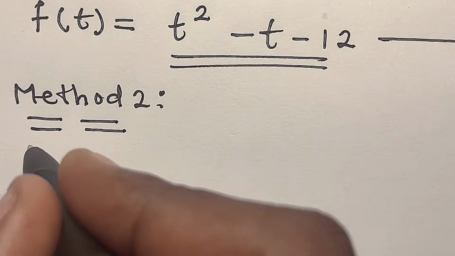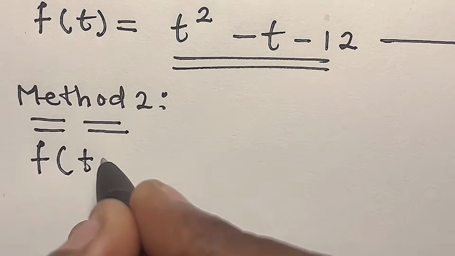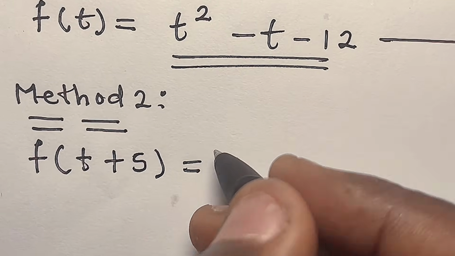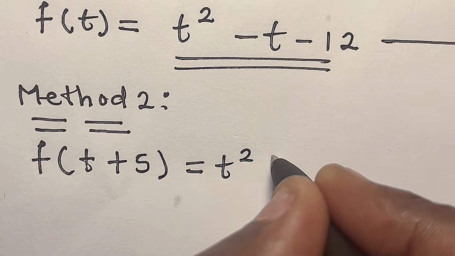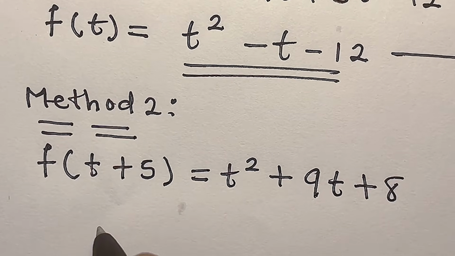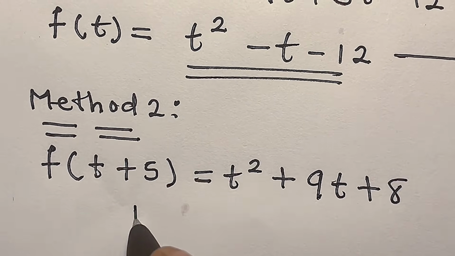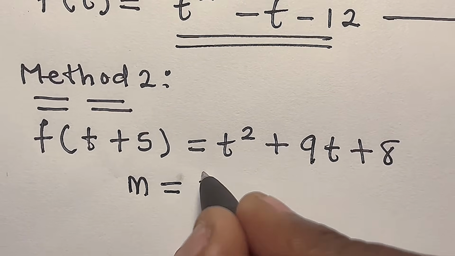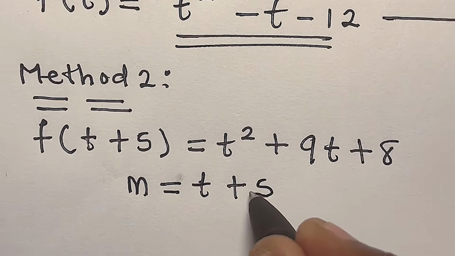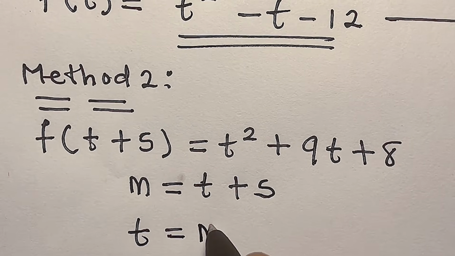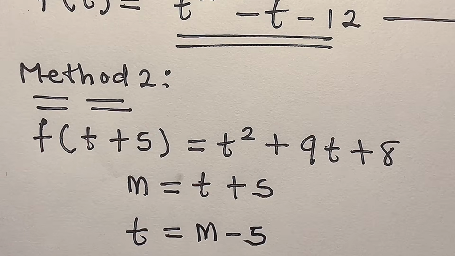So what do we have? We have f of t plus 5 equals t squared plus 9t plus 8. So here, let's say that our m equals t plus 5. So therefore, our t will be equal to m minus 5, right?